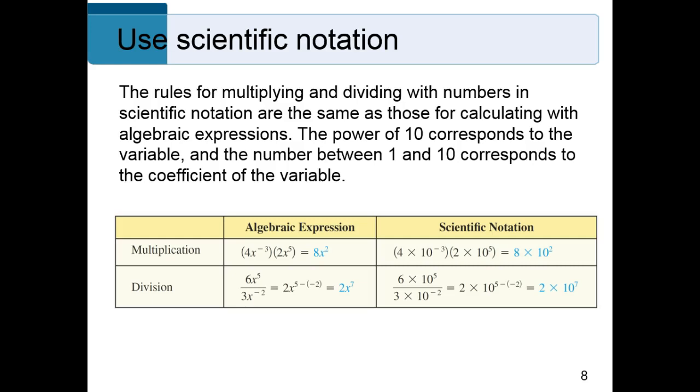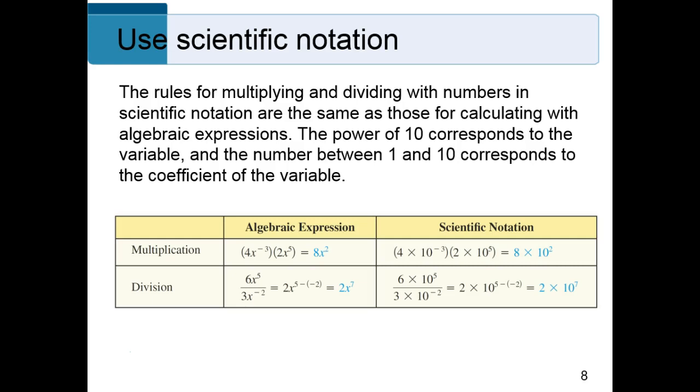Now, where you get into a little bit of a problem with it is here. What if this was a 5 times 2 or a 4 times 3? Let's do 4 times 3. Then you would have had 4 times 3 would be 12 times 10 to the second. But that's not in scientific notation, is it?